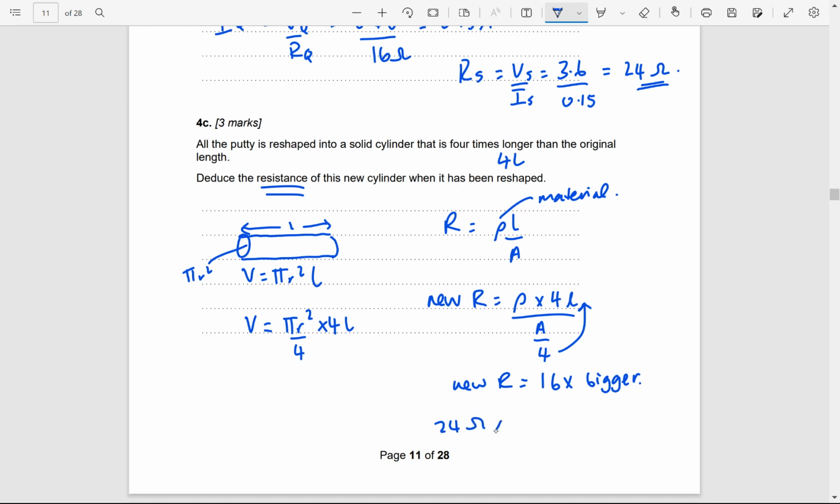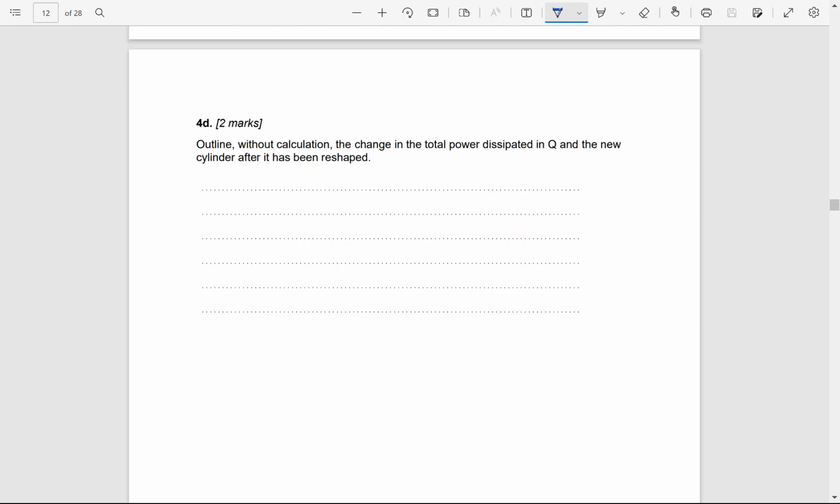So it was 24 ohms. It's now 16 times bigger. Punch that into your calculator. 384. I'm going to stick with 2 sig figs, 380, or 384. I'd leave both numbers in there.